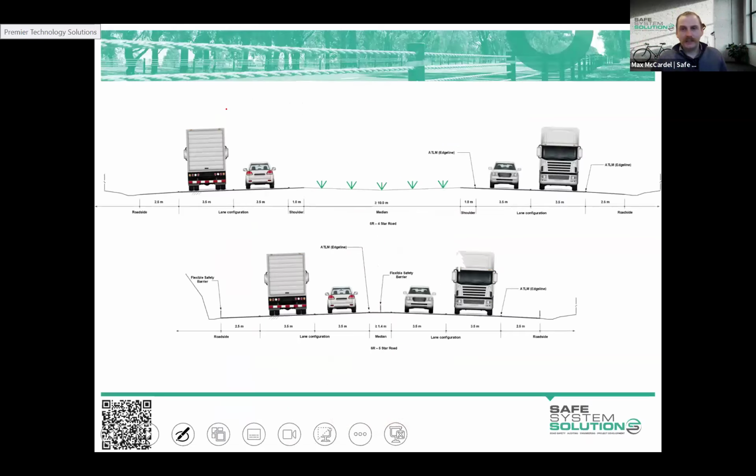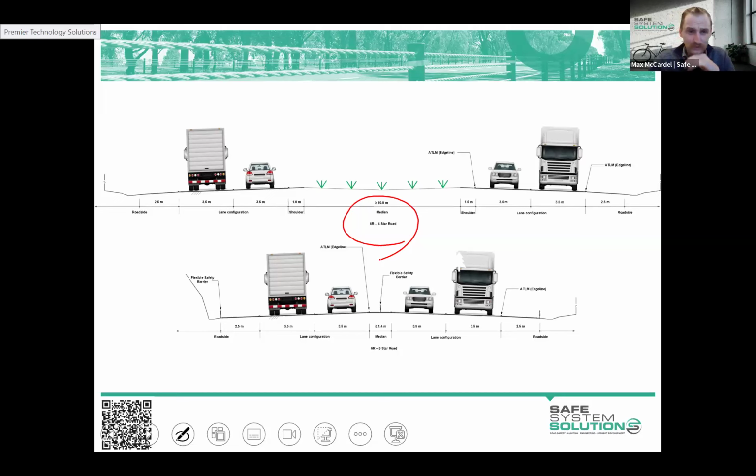Good question. All right, I'm gonna motor on through these last few slides to make sure we get through the assignment as well. We've just got some more cross sections. This is taken out of iRAP, which is the International Road Assessment Programme, a star rating system for roads.